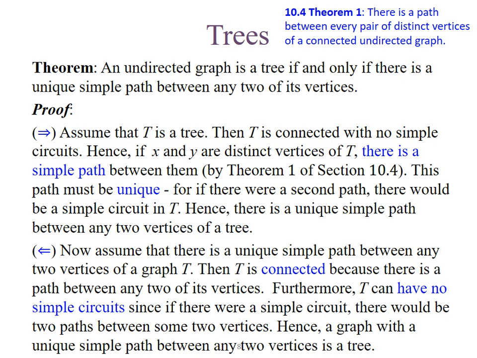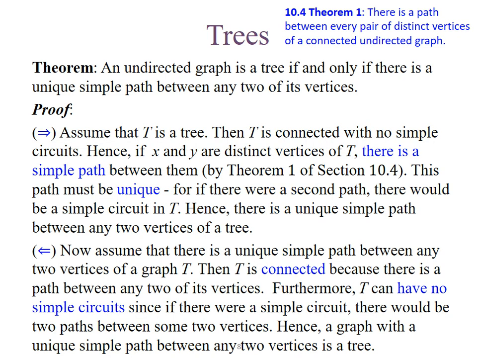Okay, let's see the other direction. If we have a unique path between any two vertices, how do we claim this graph is a tree? Now we assume there is a unique path between any vertices. Firstly, the graph is connected, because we can discover a path between any pair of vertices of the graph.